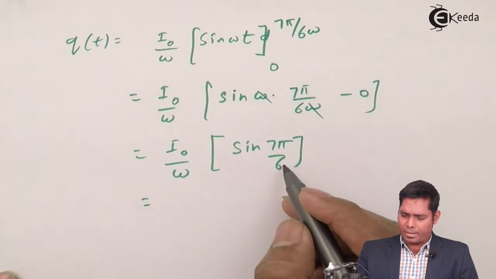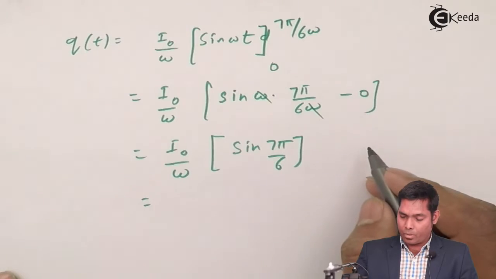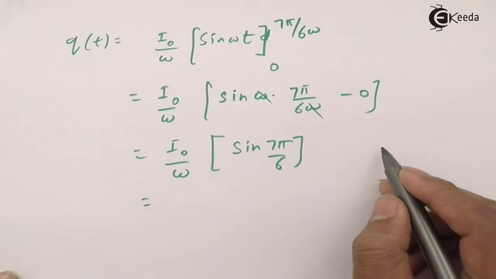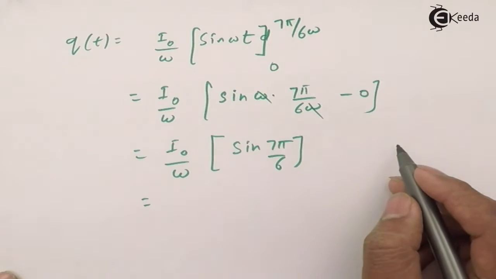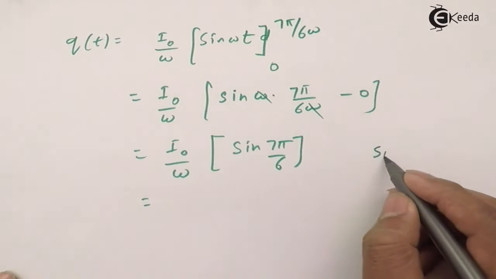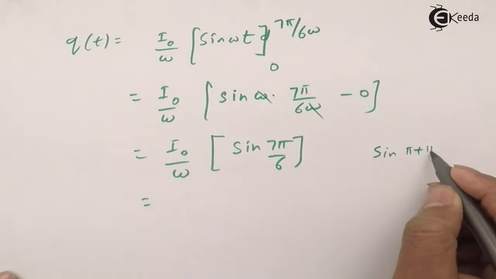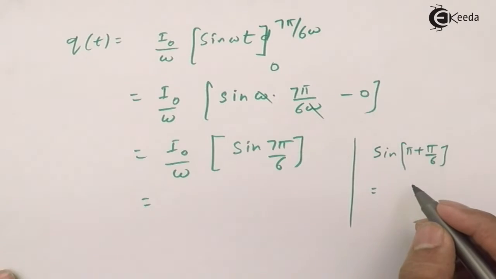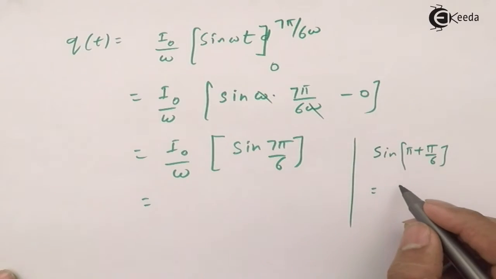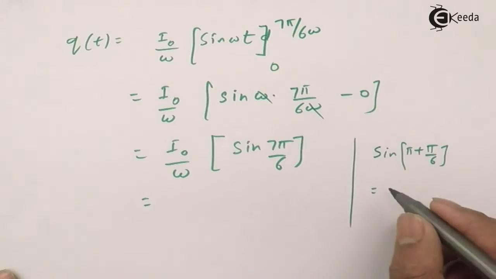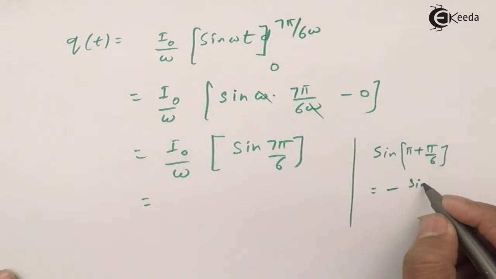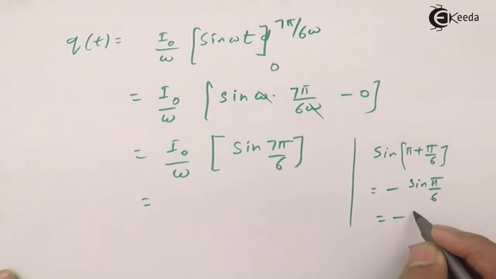7 pi by 6, I'll write as pi plus pi by 6. This is sine of pi plus pi by 6, and sine of pi plus theta is minus sine of pi by 6. This is minus half.